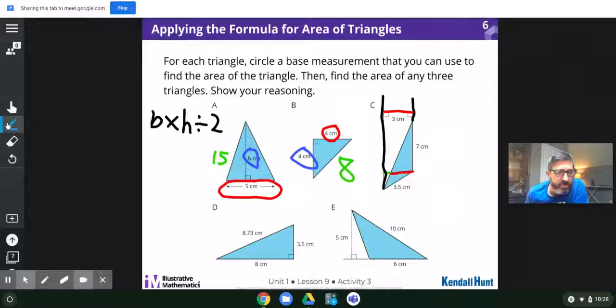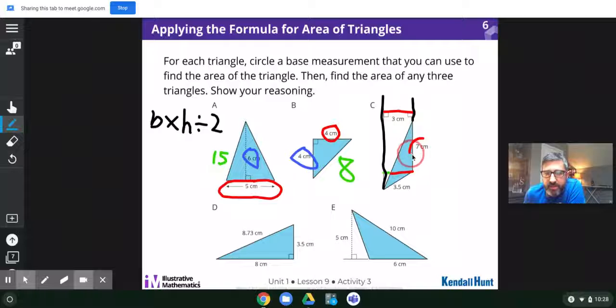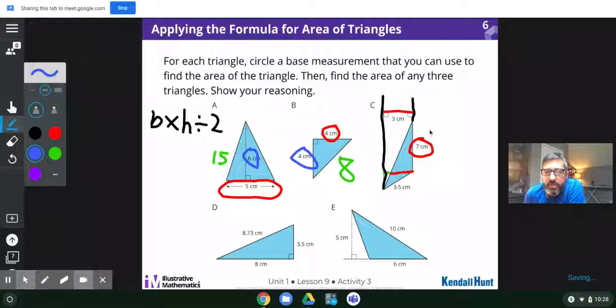So like I said, this one may be a little tricky, but we still answer it the same. We just have to figure out the base and the height a little differently. So I'll work this one for you. Our base here is going to be 7. In this one, they drew the imaginary line out here so they could draw the perpendicular line segment to the opposite corner.